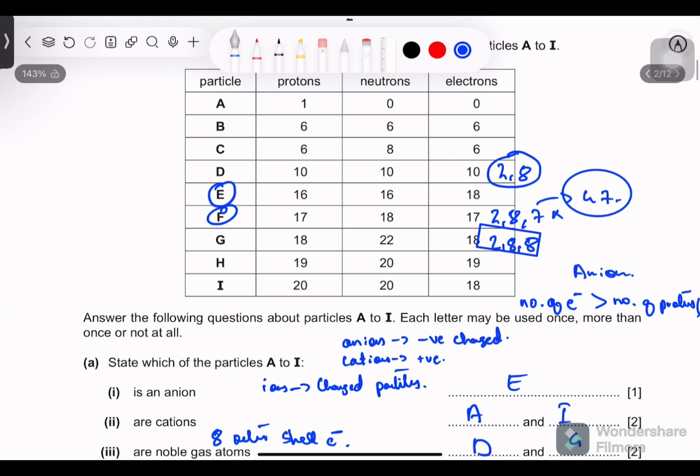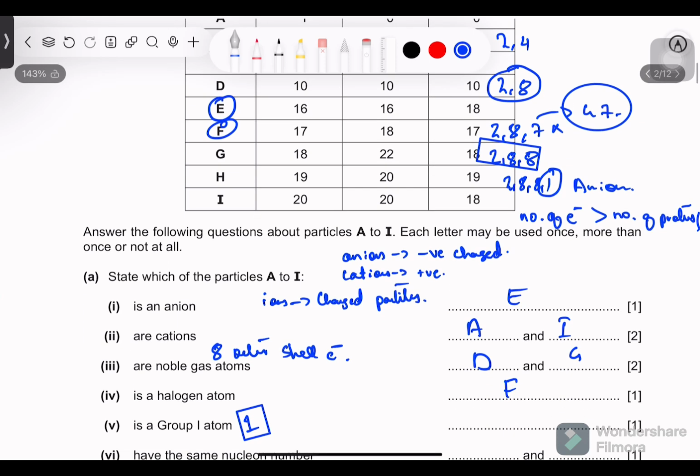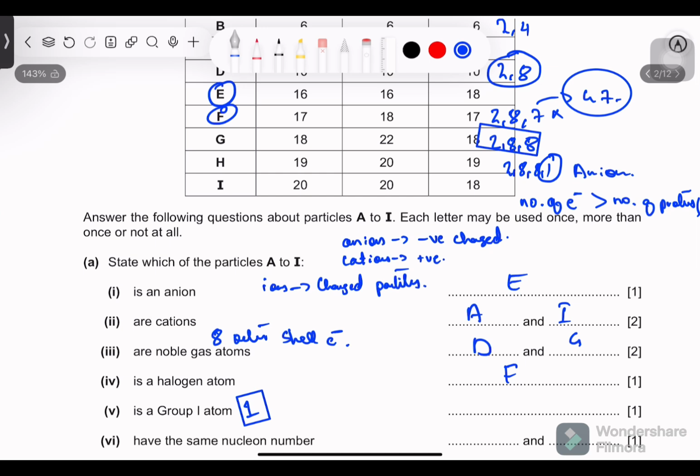So if we look at the atoms over here, we have already looked at these. This should be 2 4, so it is in group 4 only. All this we have looked at. If you look at H, it is 2 8 8 and 1, so it has one outer shell electron, which means it is in group 1. So H is the correct answer.